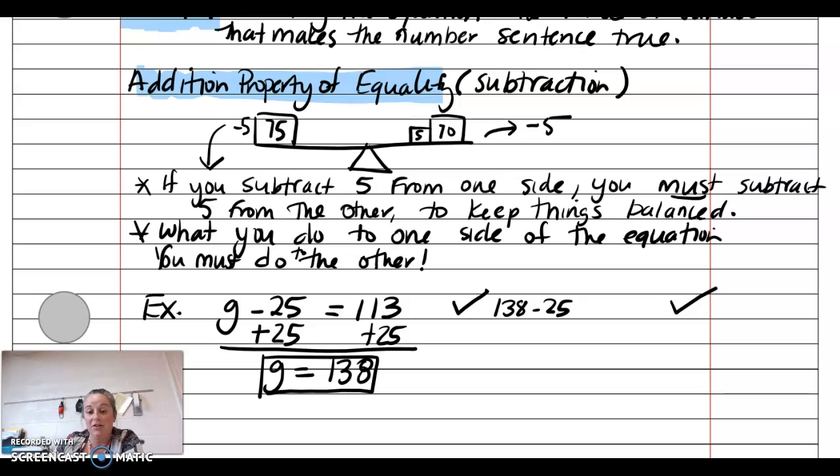Oh my goodness, let me erase that. Ignore what I just said. 138 minus 25 is 113. Both sides have the same amount. Both sides have the same weight. So we found our solution to be 138.